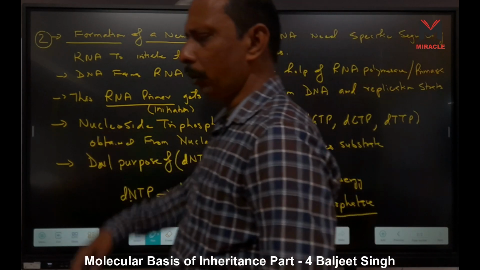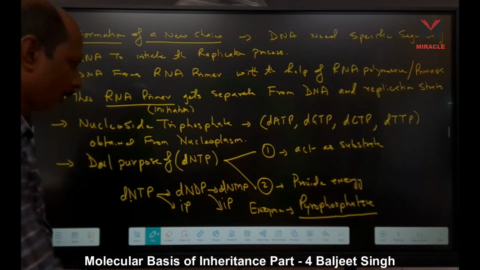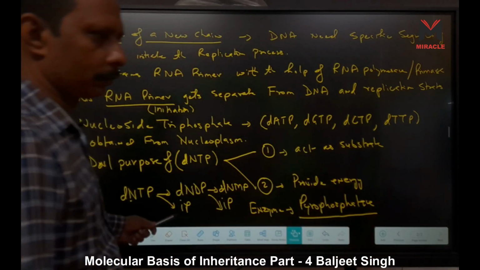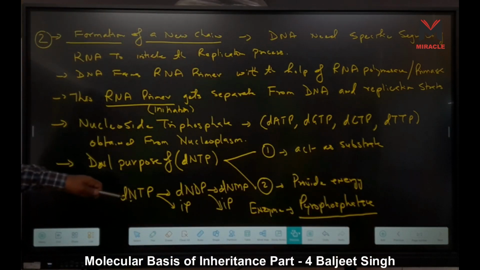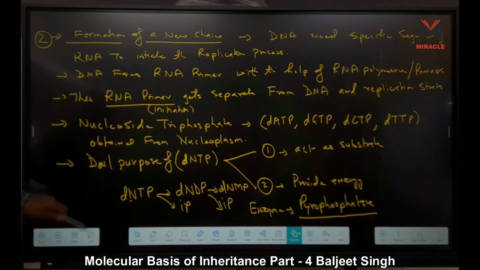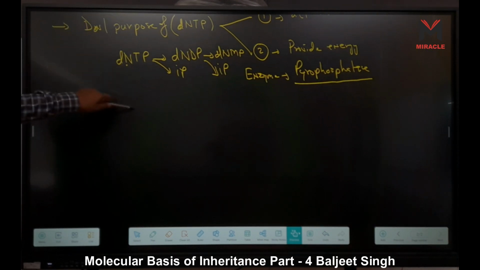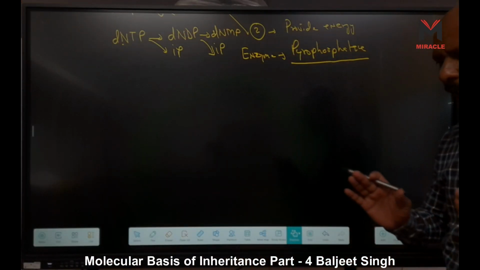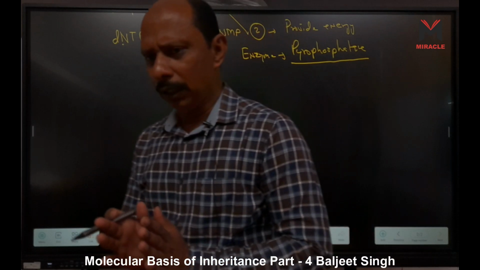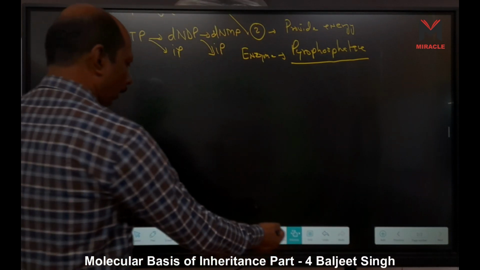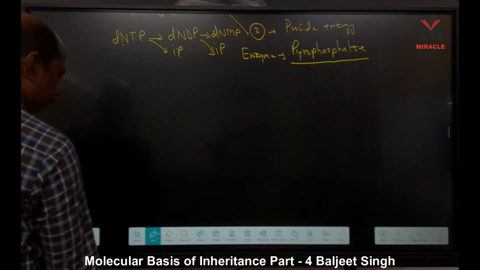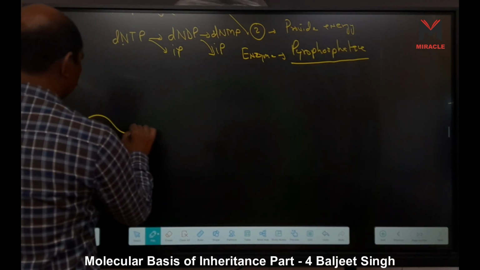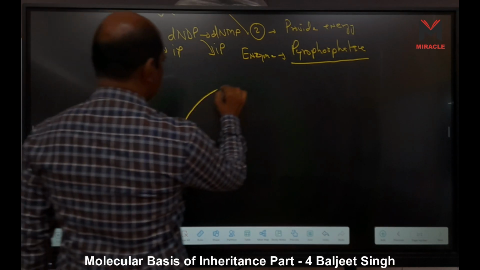Now a long chain is formed. Now second, what happens here? Now another process is here. How does elongation happen? Because here DNA is a double stranded structure, two strands. I am going to draw here, and you understand. Look, this is the DNA. This is the DNA replication fork.